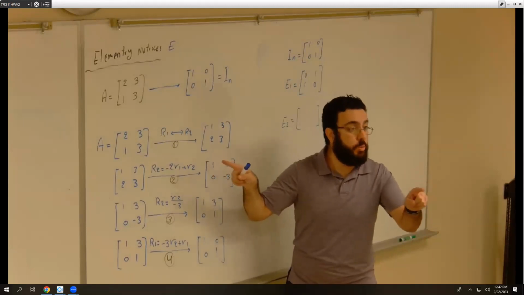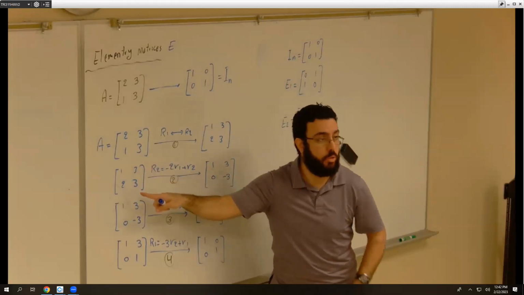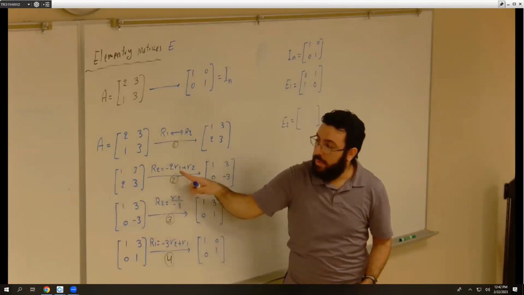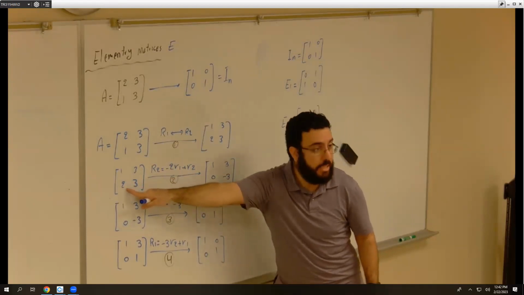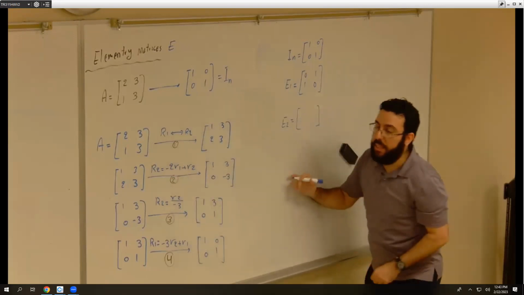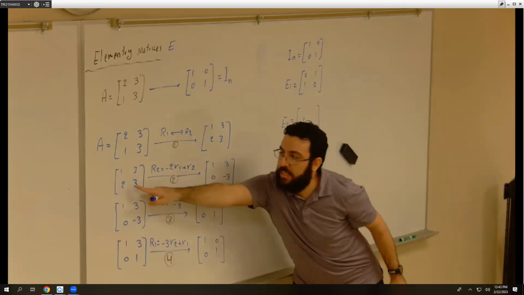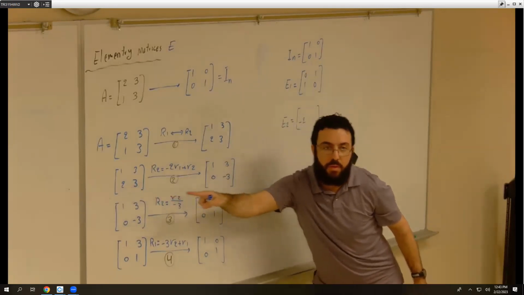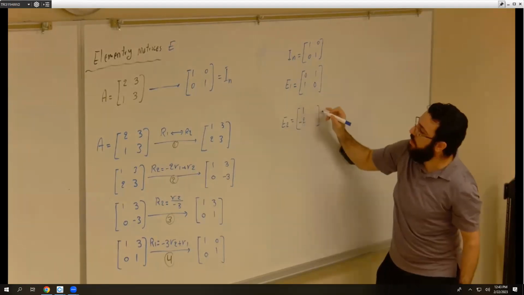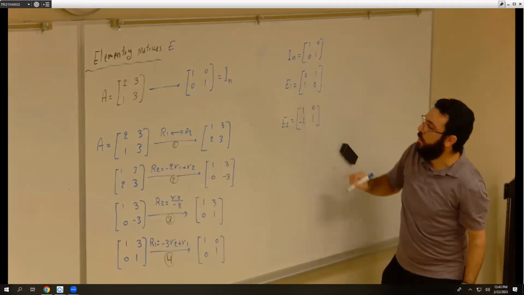Which number did you change here? The 3? No. The 2. We convert the 2 to 0. That means, what's the number here? -2. I'm going to write down -2 here, exactly instead of this number. The rest, I'm going to go back here. It's 1, 0, and 1.